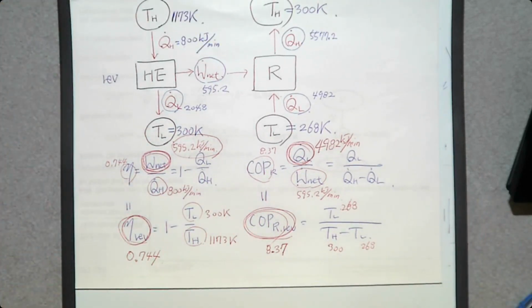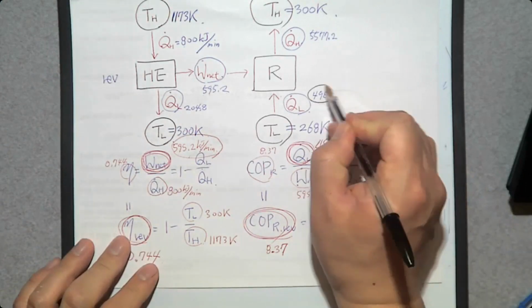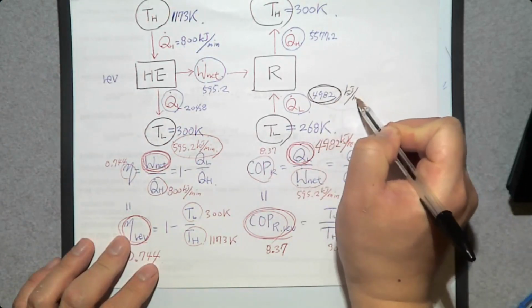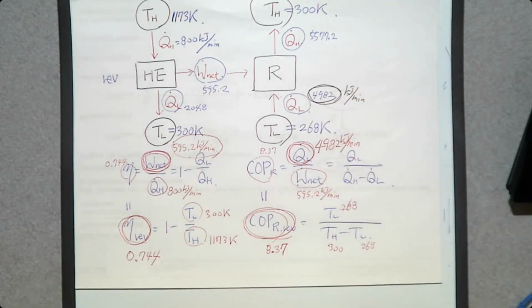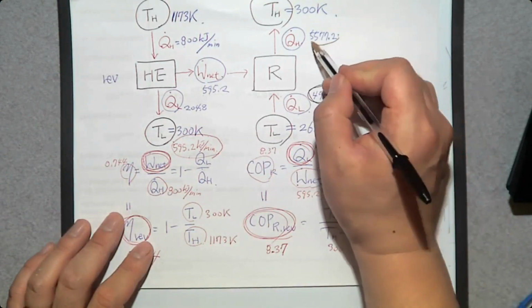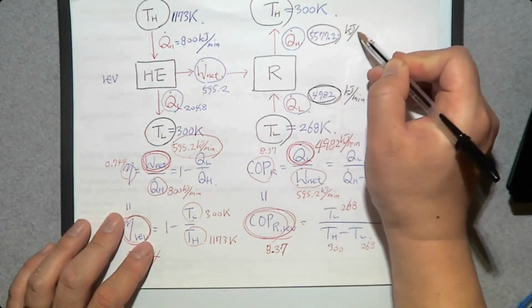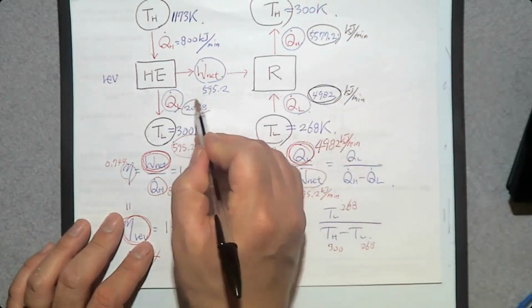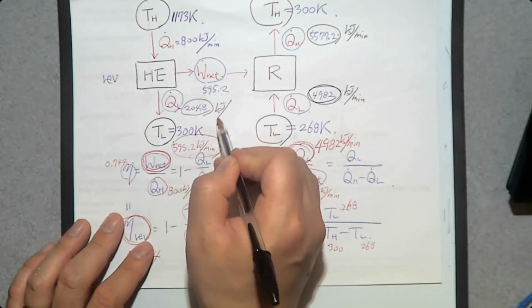Then we want to determine the maximum rate of heat removal from the refrigerated space. This is the answer, kilojoule per minute. Then part B, the total rate of heat rejection to the ambient air. So there's a heat rejection to the ambient air, and there's a heat rejection to the ambient air.